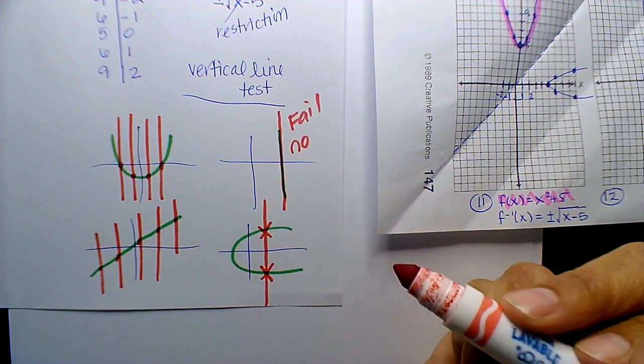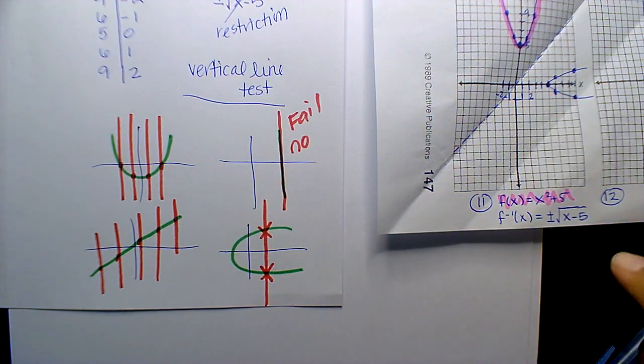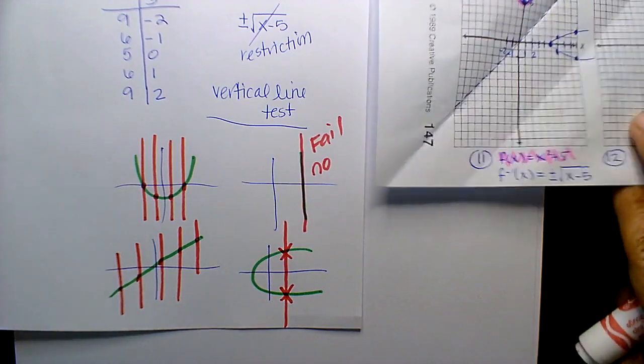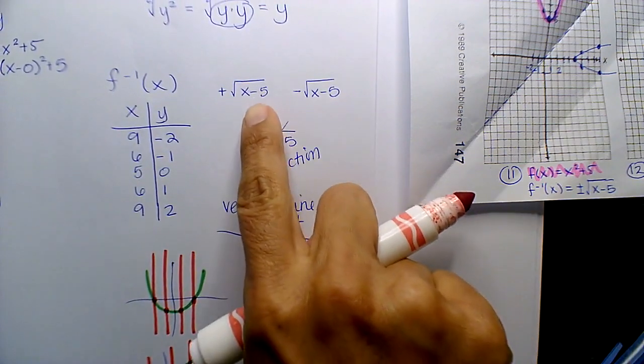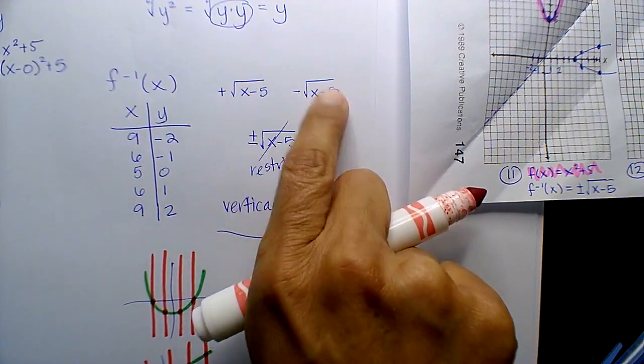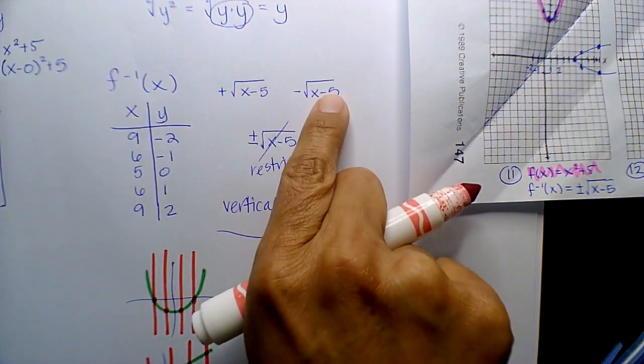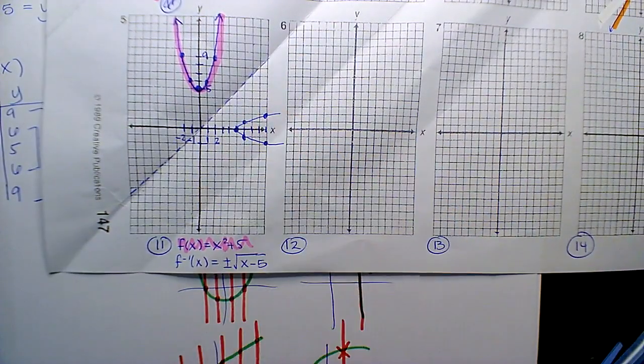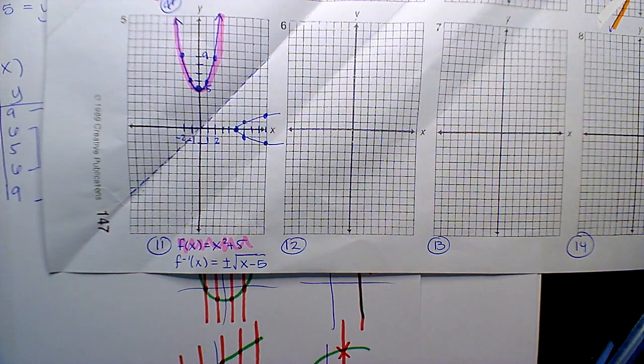You cross twice. Okay, but so when you're finding inverse functions, yes, it's a function, but it might have to be a separate of two functions, the positive and the negative. So even though you guys see this sideways quadratic or parabola, there's really two of them.